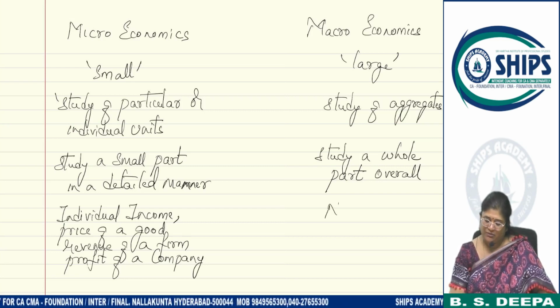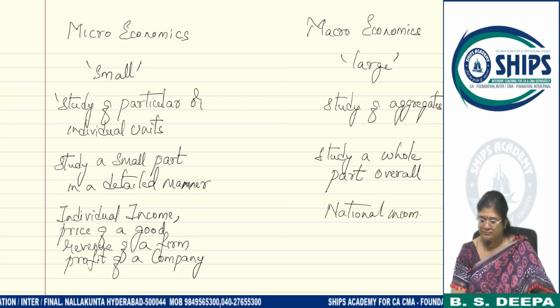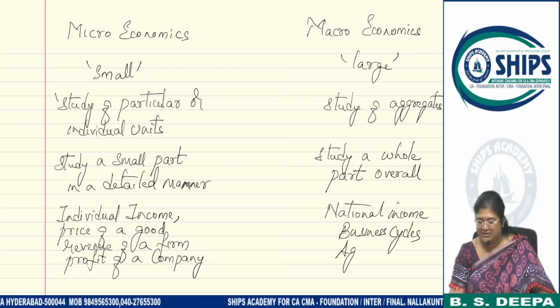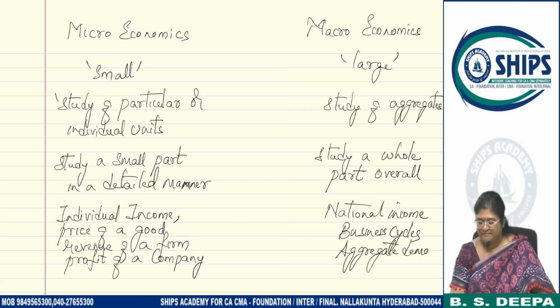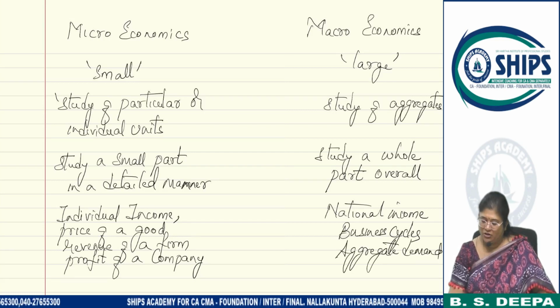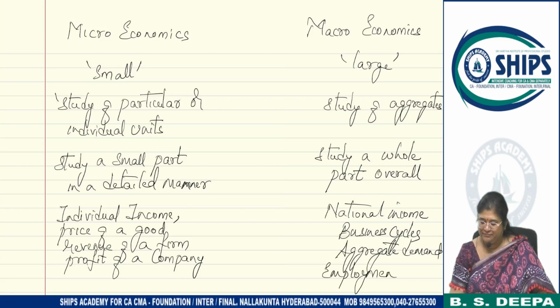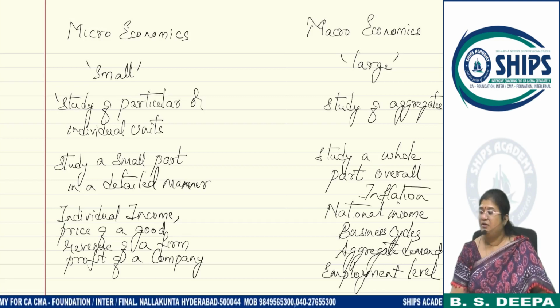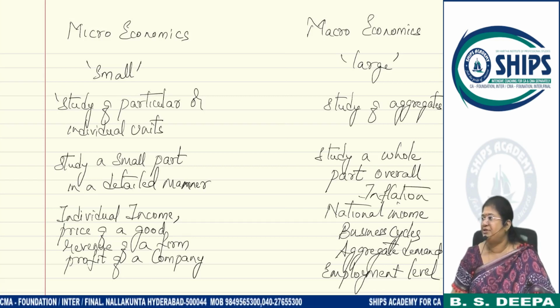Whereas if you are talking about, for example, national income, business cycles, yes, you are right, aggregate demand, okay, or for example, employment level in a country, or for that matter, inflation. All of this is what comes under macroeconomics.